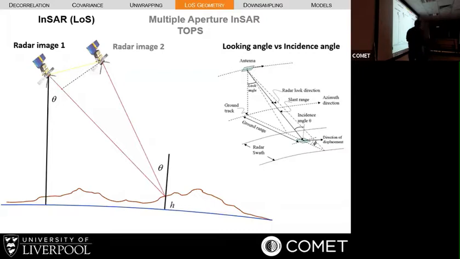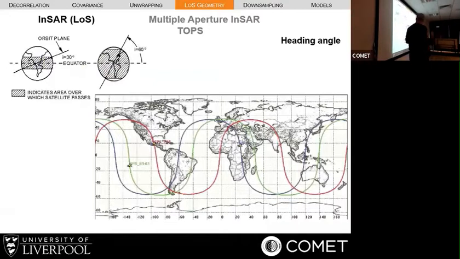But in fact, you can be very accurate in the way you model the displacement on any given point if you know the incidence angle, the heading angle, and the squint angle. And how does it translate is that those angles can be factoring the east-west, north-south, and up and down components of your simulated model to obtain the observed line of sight.